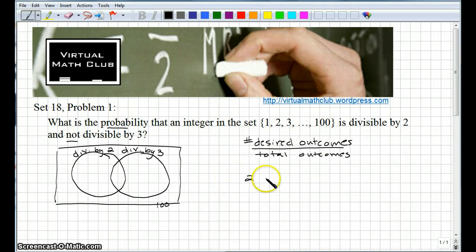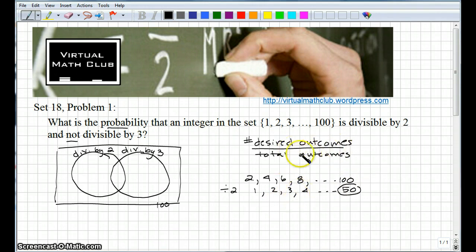Or you could say 2, 4, 6, 8, all the way to 100. And if you divide all of those numbers by 2, you'll get 1, 2, 3, 4, all the way up to 50.